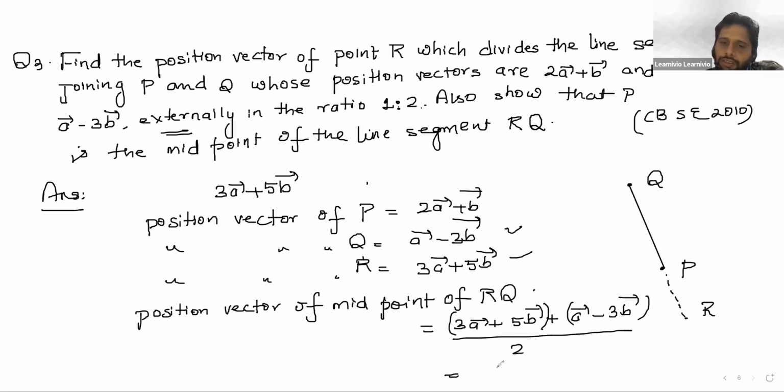So 3A plus A is 4A, 5B minus 3B is 2B, by 2. So it is equal to 2A plus B, which is the position vector of P.